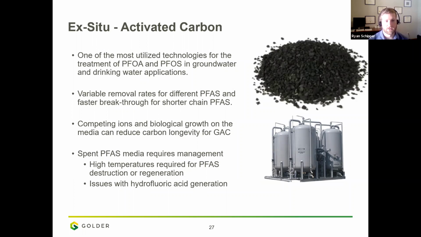You're going to require high temperatures for regeneration of the carbon. And as Guy had asked before, there are also issues many times with hydrofluoric acid generation during that PFAS destruction, which can cause issues with your materials of construction.